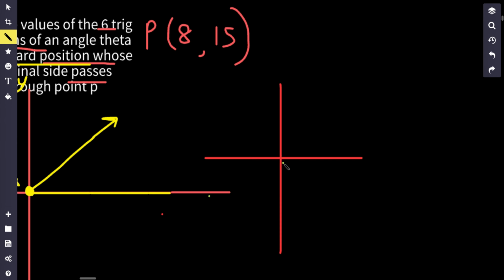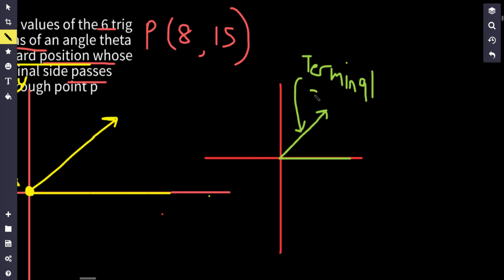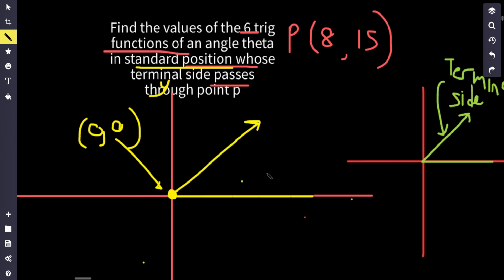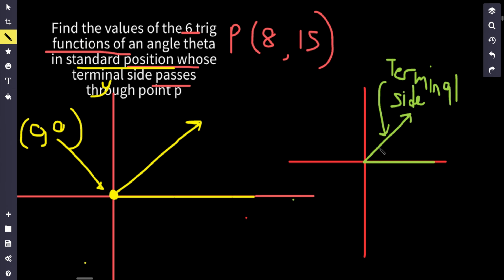So this x-axis right over here is going to be the base of our angle. That means this side right over here represents the terminal side. You can think about this side as the side that you draw in order to create the angle. This represents the x-axis, but in order to create the angle, you have to draw this ray right over here, and that creates this angle, theta. All right, so that's one way you can think about it. The terminal side is just the side that you create in order to create the angle.